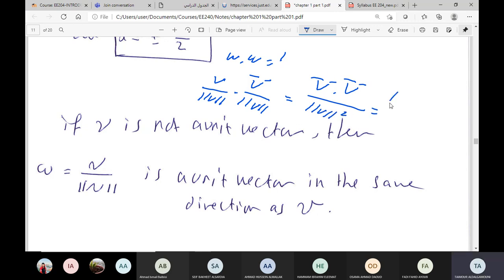V dot V is equal to the norm of V square divided by the norm of V square, and this is equal to 1. Okay. Any questions?